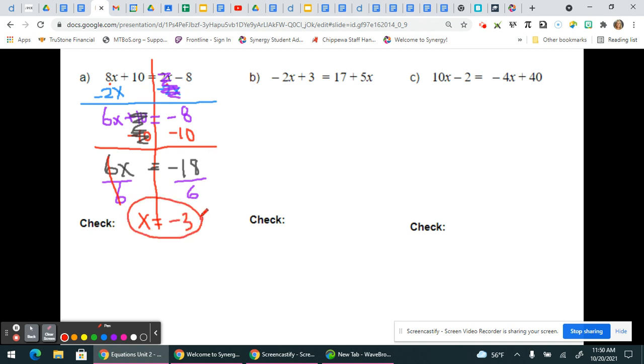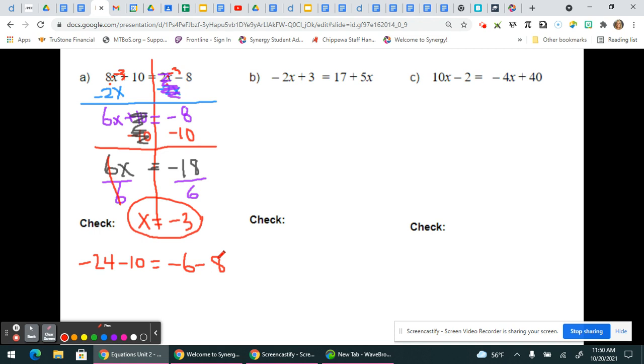Now we can check our answers by putting a negative 3 in. So I'm going to put a negative 3 in here. So 8 times negative 3 and 2 times negative 3. So I get negative 24. I'm just going to write this down here. Negative 24 plus 10 is on the left. We want to know, does that equal 2 times negative 3 is negative 6 minus 8.